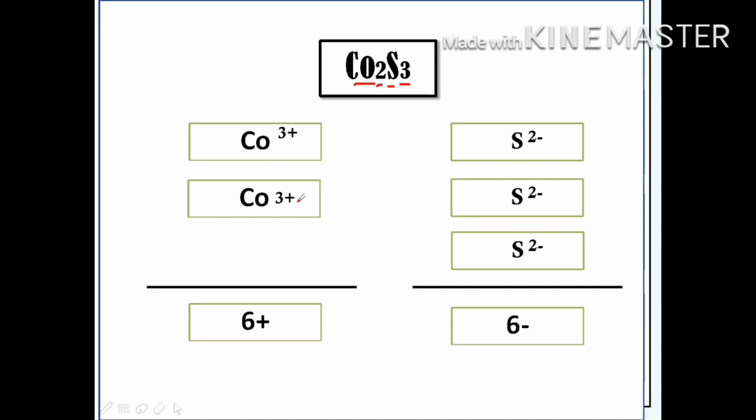And this 6 plus charge balances out with the total negative charge of our anion, making this compound Co2S3 a neutral compound.